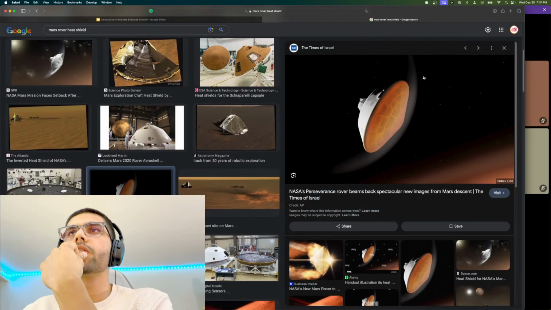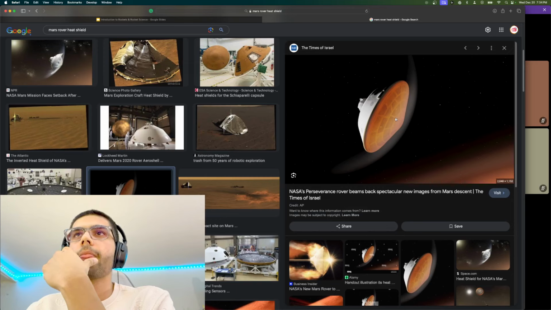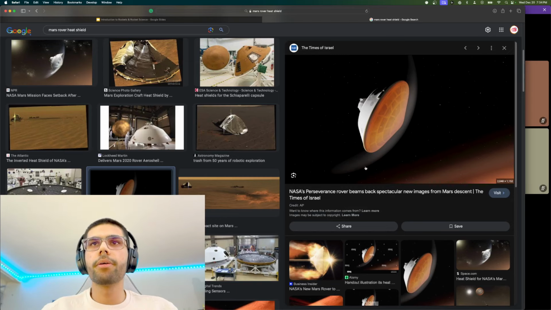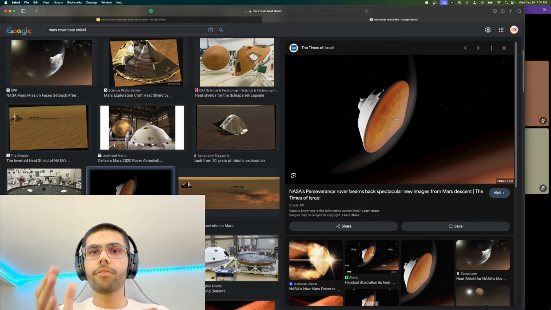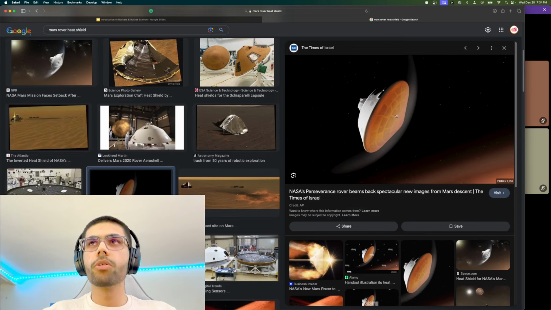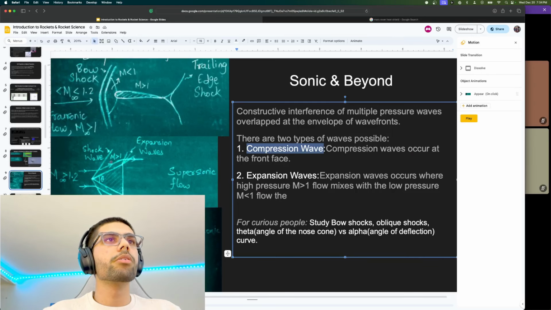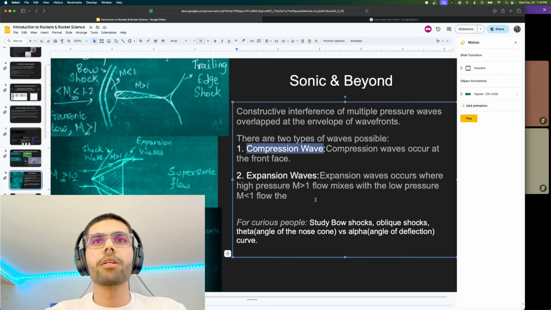Can you see the shockwave generated by the heat shield of the Mars lander? Oh, yeah, I can see. Here they have a very blunt shape, so the only possible shockwave here is the bow shock, because you need a pointy edge in order for oblique shocks to be created.